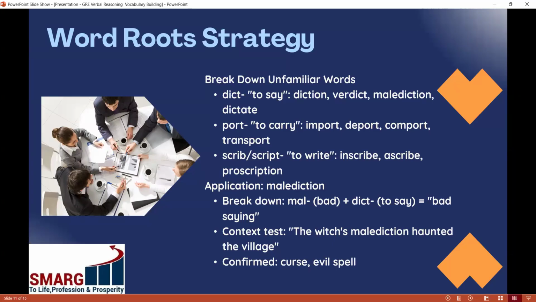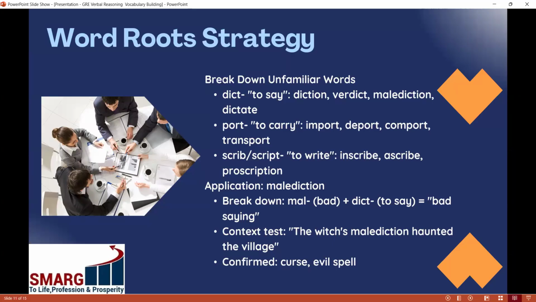So here I have taken up some examples. Let's say dict, port, scrib or script. All of these are being used as a root for words that relate to something similar. So diction, verdict, malediction, dictate, all of them deal with vocabulary related to saying. Port is to carry. Now import, deport, comport, transport, different meanings, but that root is adding a particular meaning to it. Yes?